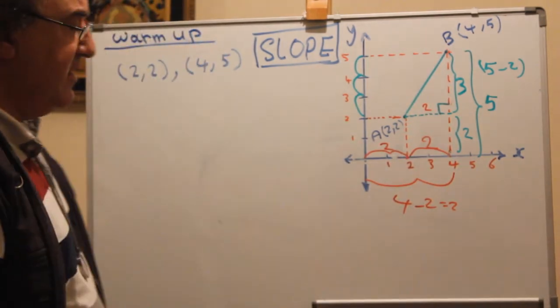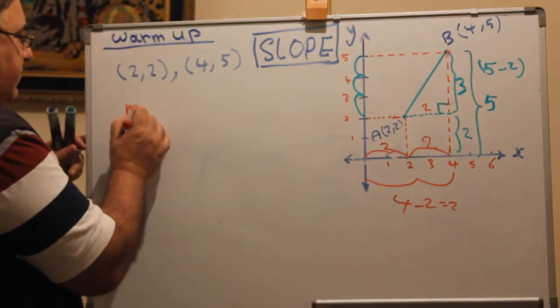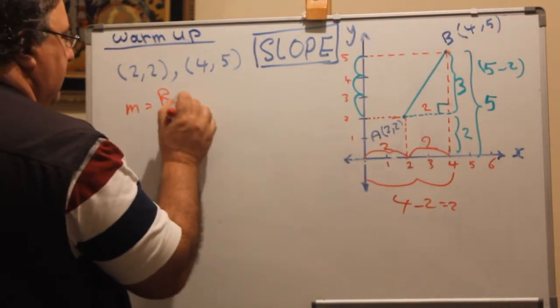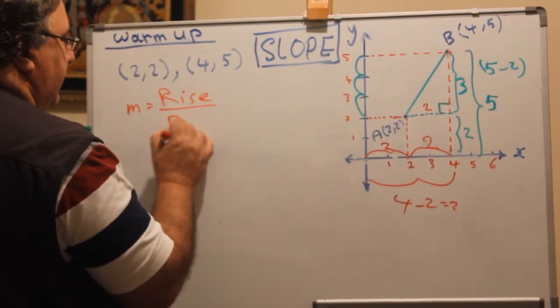So the slope is a ratio. We call it m, the slope, equal to the rise over the run.